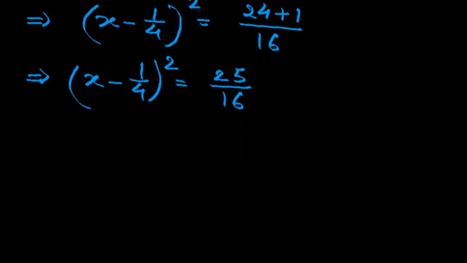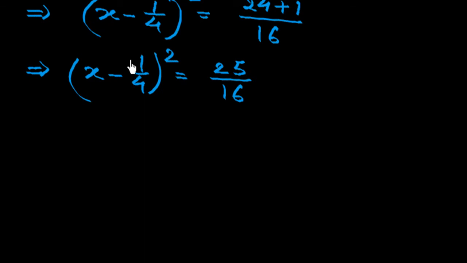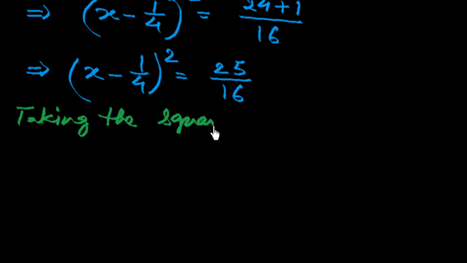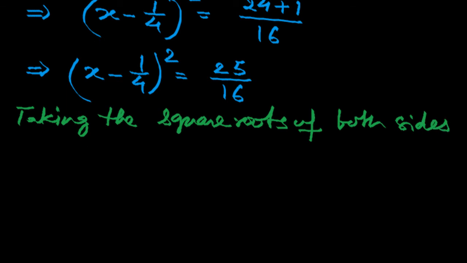Now taking the square root of both the sides, x minus 1 by 4 is equal to plus minus 5 over 4.